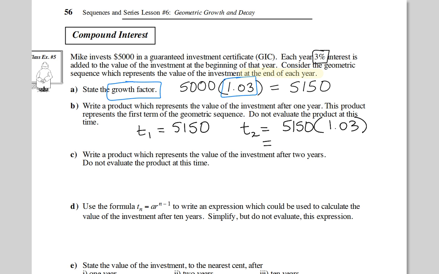But check this out. We already know what 5150 is. 5150 is all this, right? So let's just substitute that back in. 5,000(1.03)(1.03). So to get to the second year, the second term, you would start at 5,000 and multiply by that R value twice.